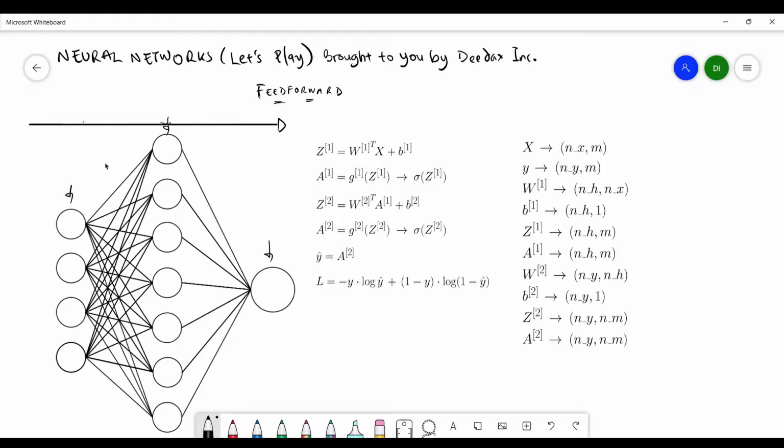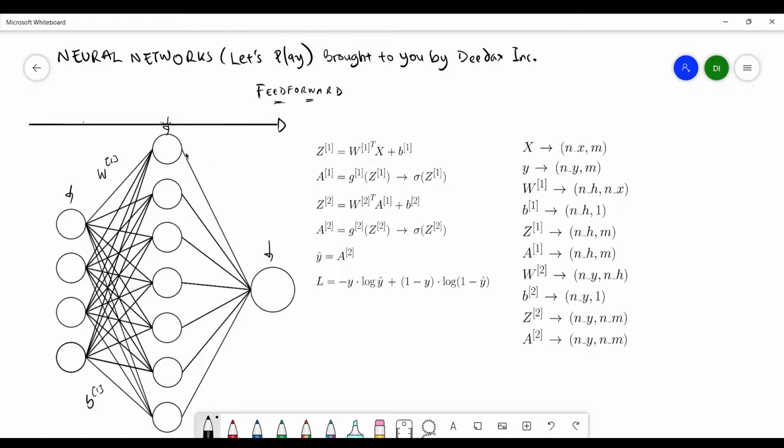Okay, so getting started, the first thing that happens is these connections, W1, get dotted with X. That's just a fancy way of saying we're trying to determine how much the X vector points in the direction of the W1 vector. That dot product gets summed up with a bias term B1, which is also a vector.